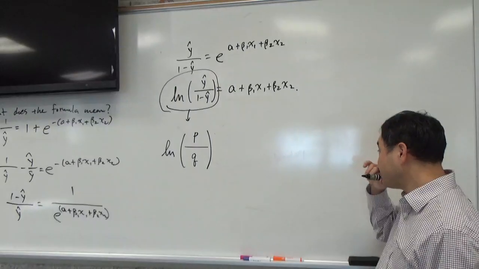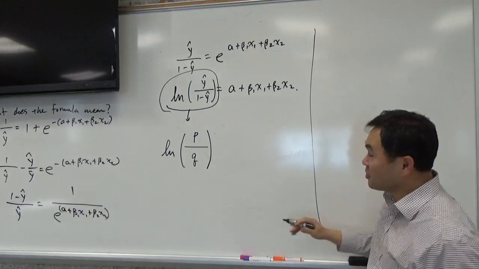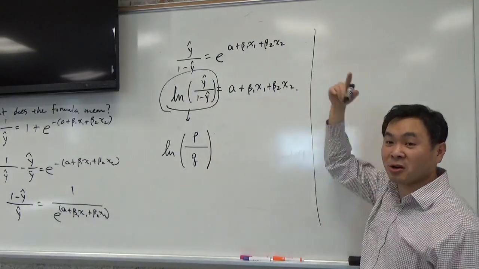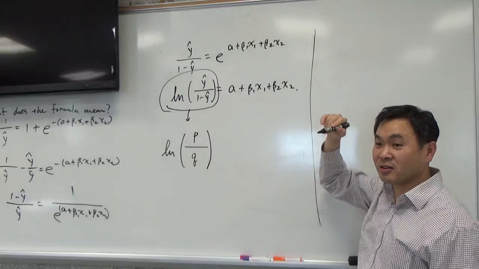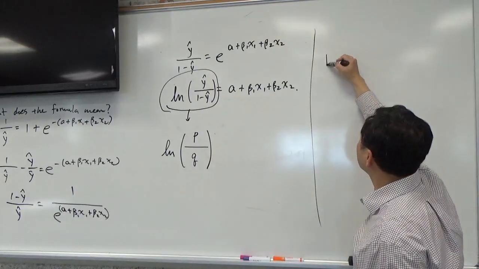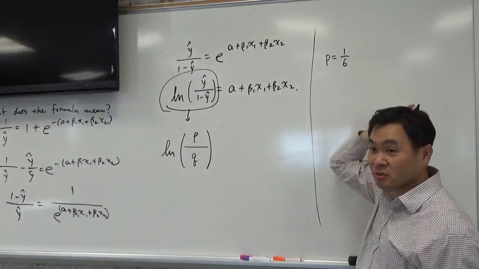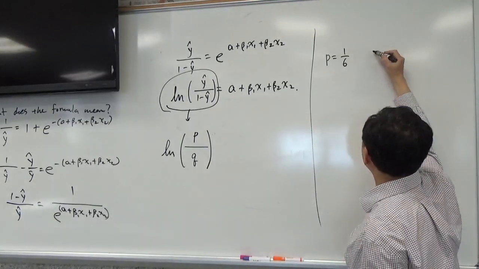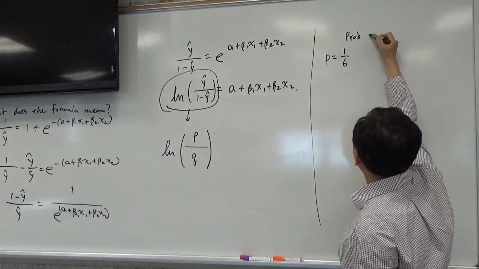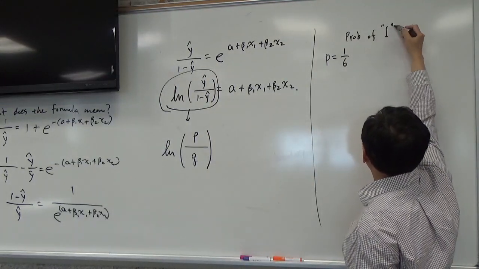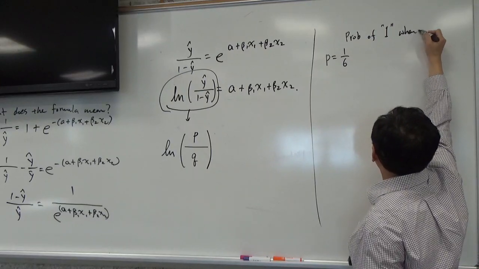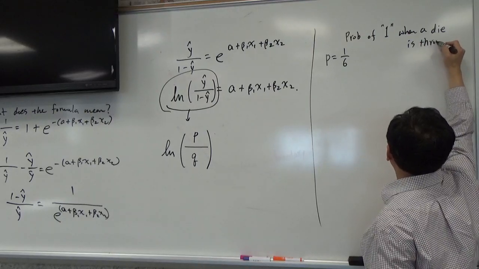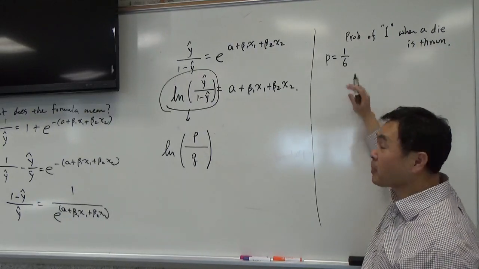Here's a purely probability question. If you throw a die, what's the probability of getting a 1? The probability of a 1 when a die is thrown is 1/6, right?